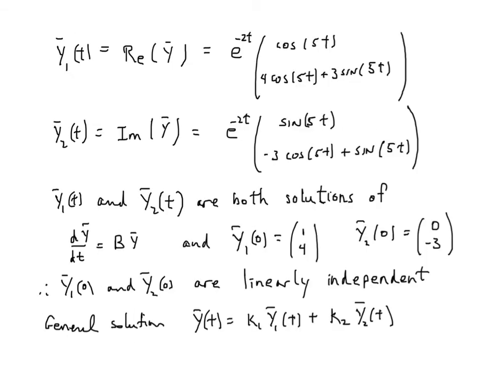So, as was stated and as I will demonstrate in a separate screencast, the real part of y, namely this vector, is a solution, as is the imaginary part. And once again, I need to squeeze in the number 4 right there. This is also a solution.